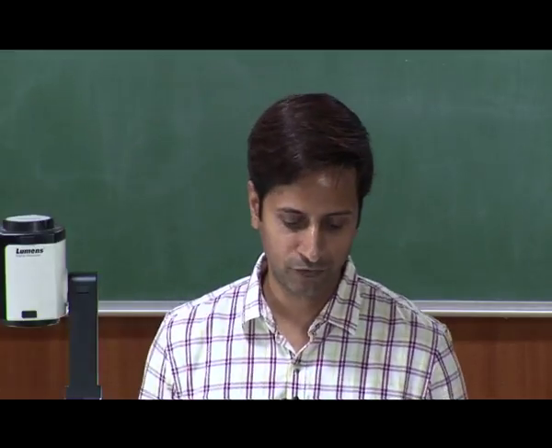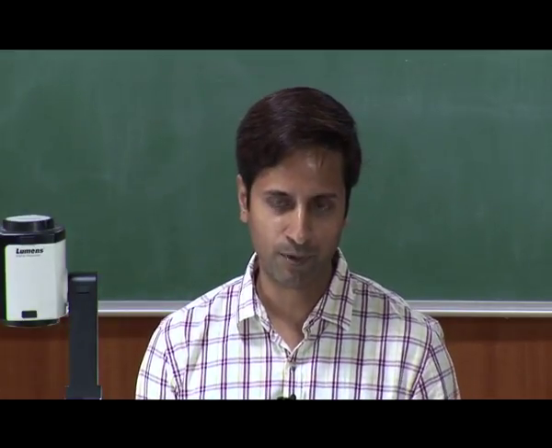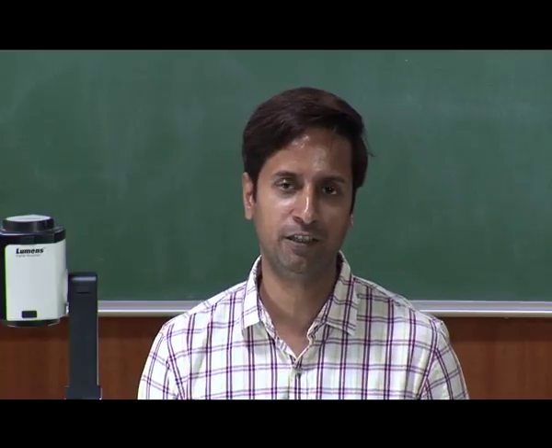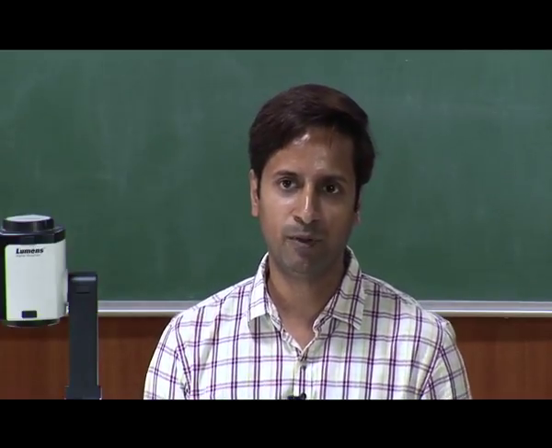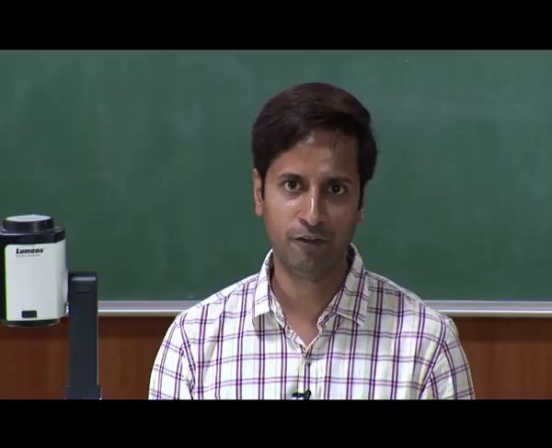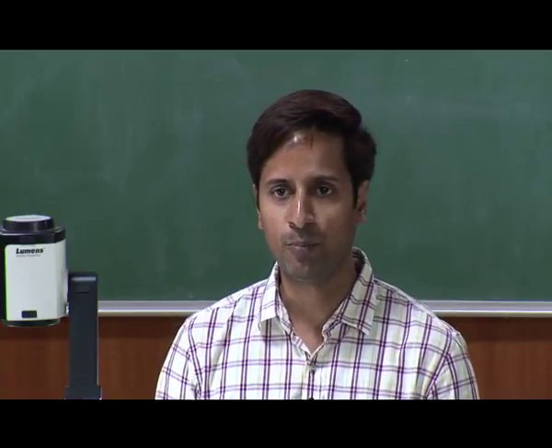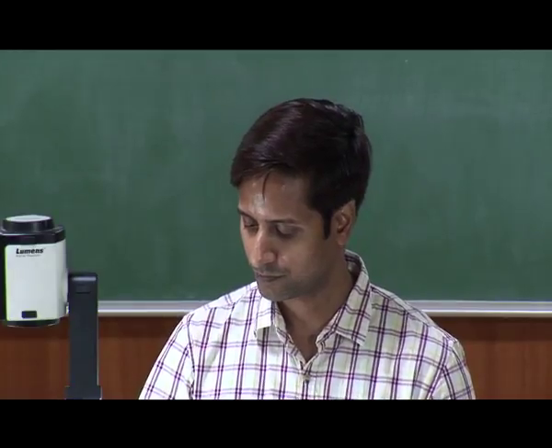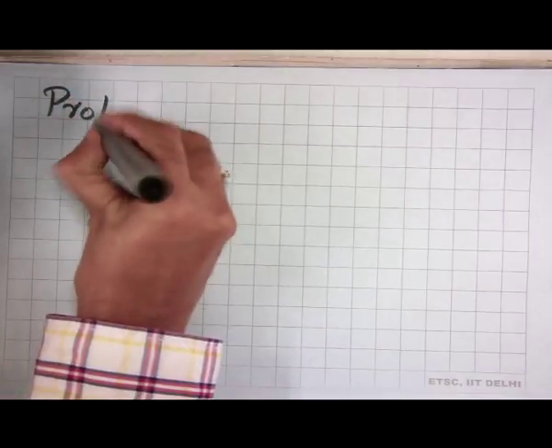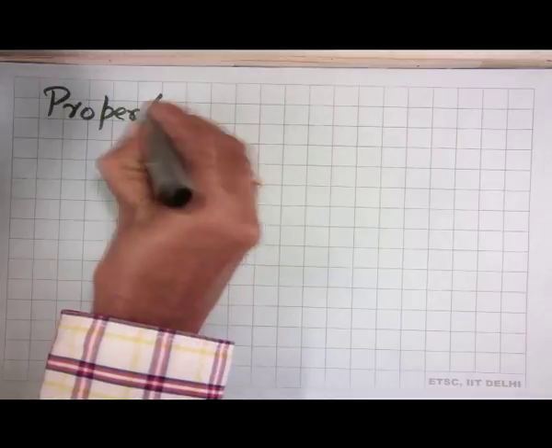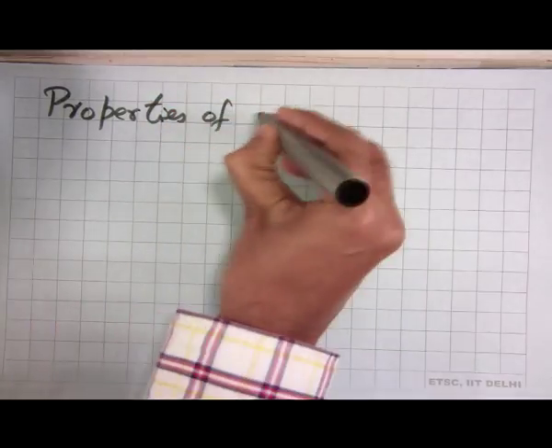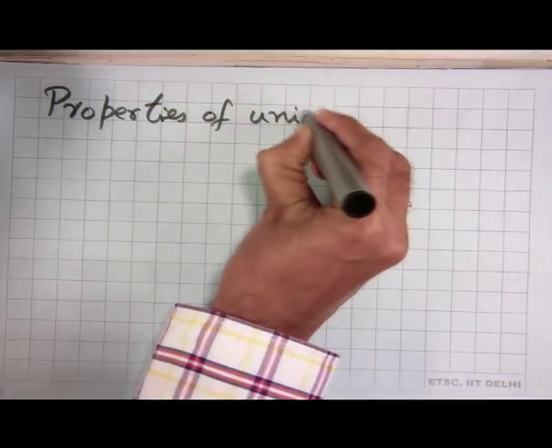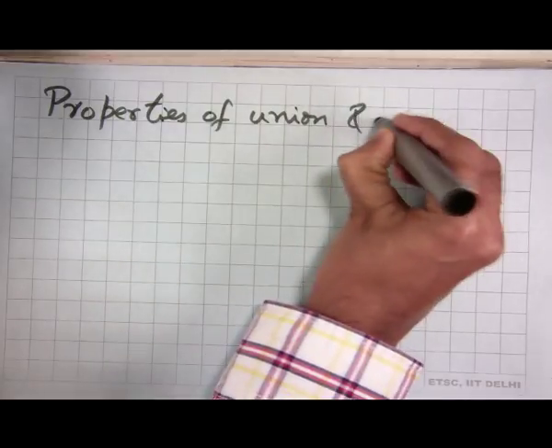In the last class we learnt about some operations on sets like union, intersection, complement and set difference. So today we will list down some properties of these operations, union and intersection.